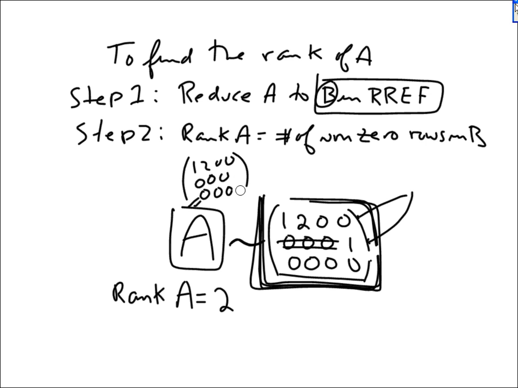Wonderful. This matrix here is not in RREF form because that second row is all zeros and it's not on the bottom. Okay, I'll switch these two, and then I get this matrix here. You can always find a matrix that's row equivalent to this one.